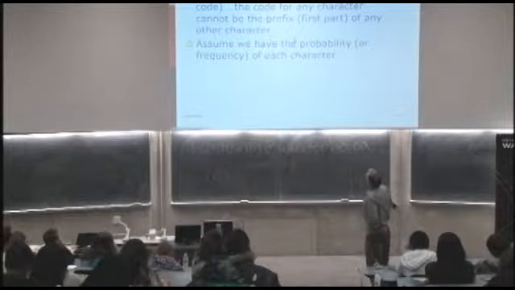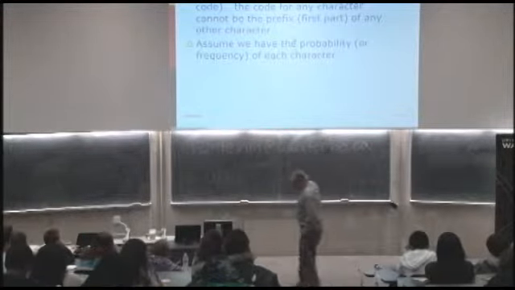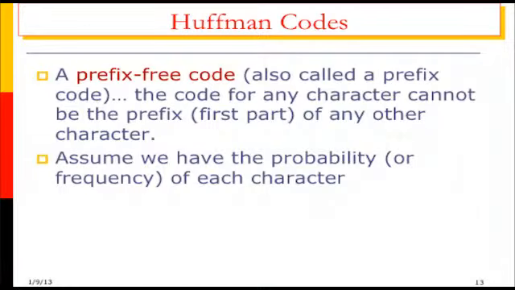Okay, so there was this concept of things called a prefix-free code. And what that means is that no code can be just the beginning part of another. So there aren't any prefixes. No code is the prefix of another code.